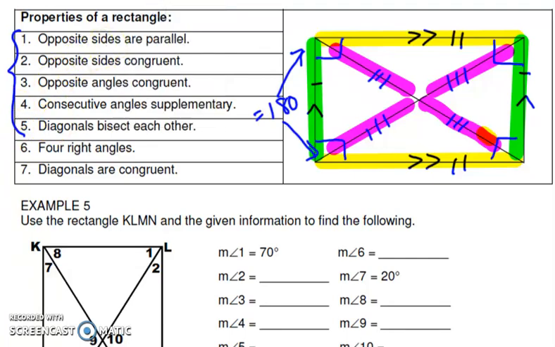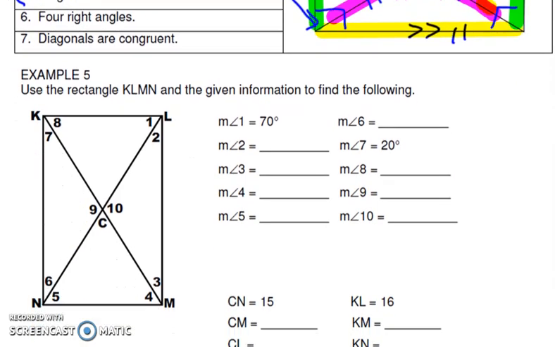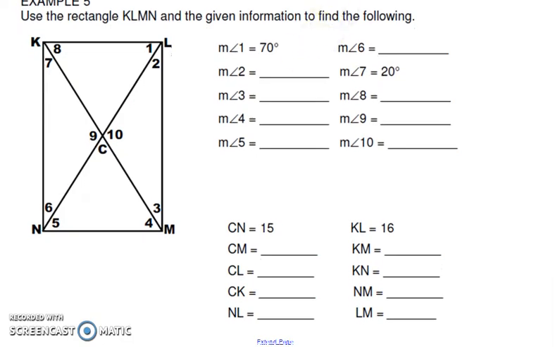All right, and as I move to my example, I'm going to leave this for you to do, but what I do want to point out is we have these 4 things that were given, and it's really important to take these and put them on the diagram so we can see where they are. So angle 1 is 70. I'm going to label that here.